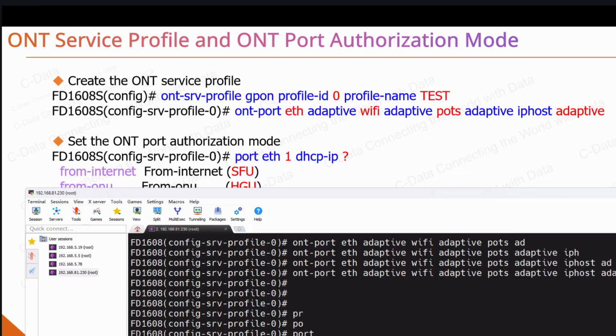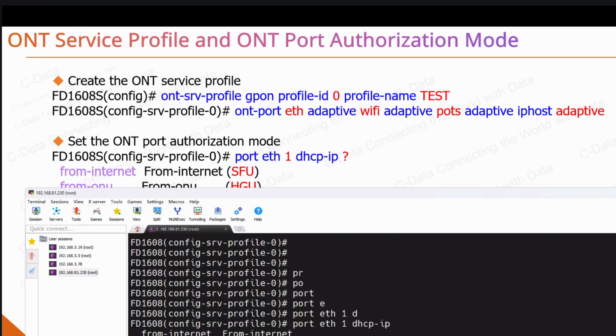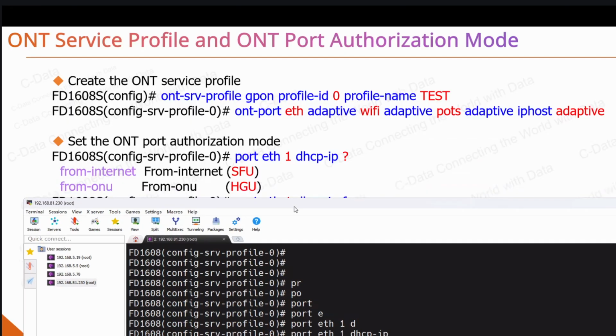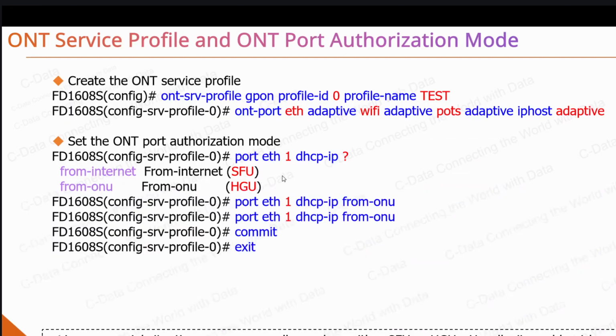So this one is the LAN port. In the command line, we call this the Ethernet port. And then I use the DHCP, and then I use the question mark. And then it asks me which mode I want to make for this port. So in here is the explanation.